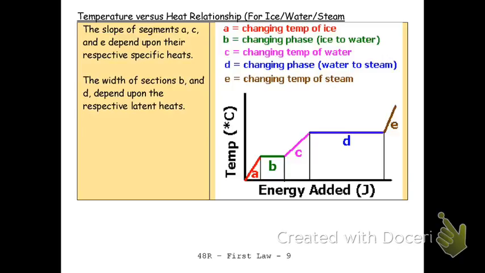So we have this region C where we're raising the temperature of a liquid until we get to its boiling point, and then we have a plateau where we're just putting energy in to cause vaporization. And then when it's all vaporized, we can go to E where we increase the temperature of the vapor particles.